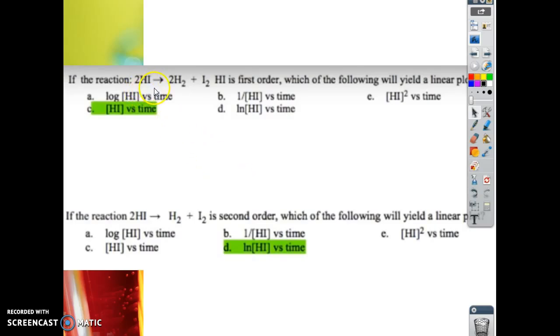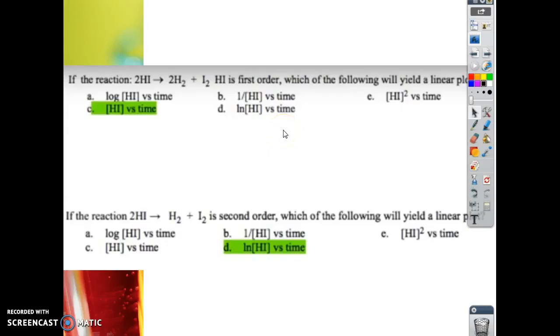So if we have this reaction in its first order, which of the following would give us a linear plot? Okay, let's think about it. Have we even talked about log? Sure haven't. But we have talked about 1 over something, and we've talked about squaring things, and we've talked about natural log, so I'm going to narrow it down to these 3 guys.